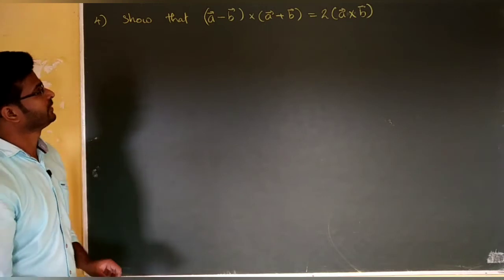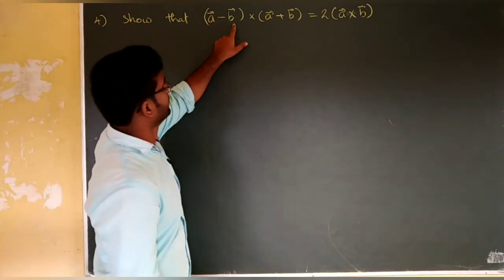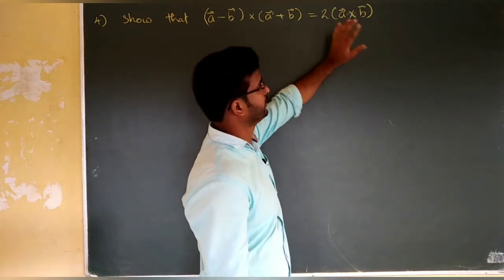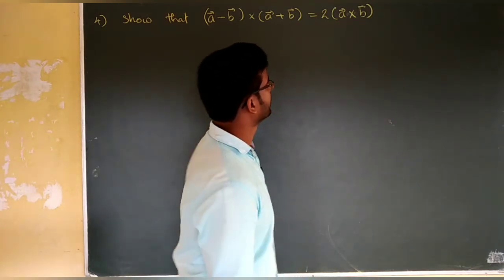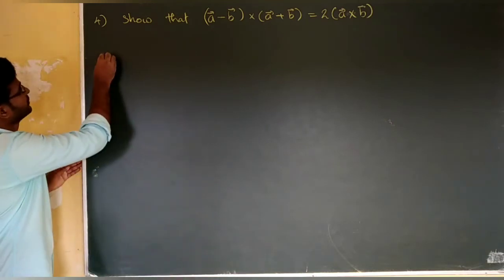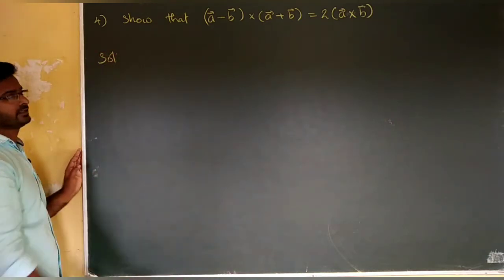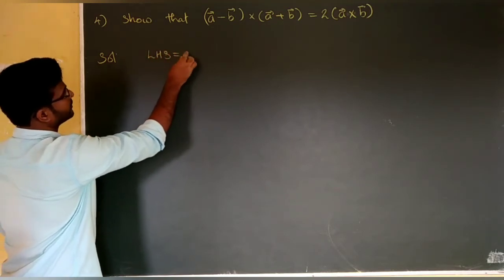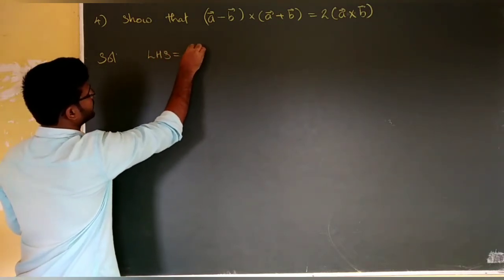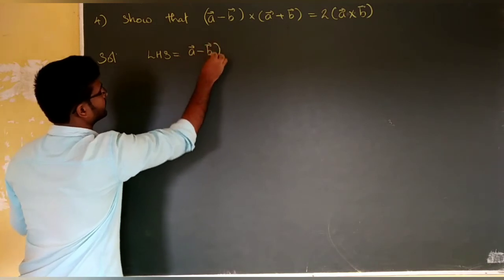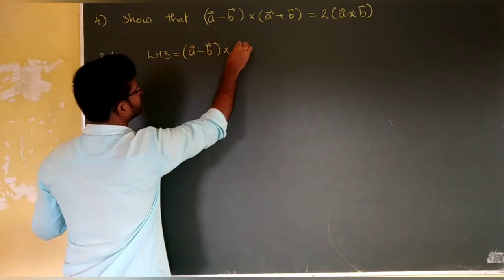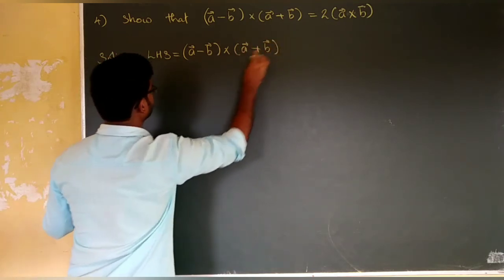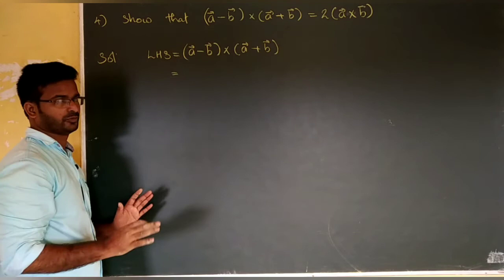Question number 4, show that A minus B cross A plus B equal to 2A cross B vectors. First we can take LHS. LHS equal to A vector minus B vector cross A vector plus B vector. Now we can remove the bracket.